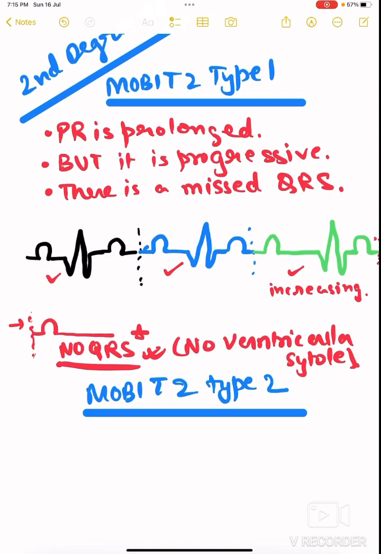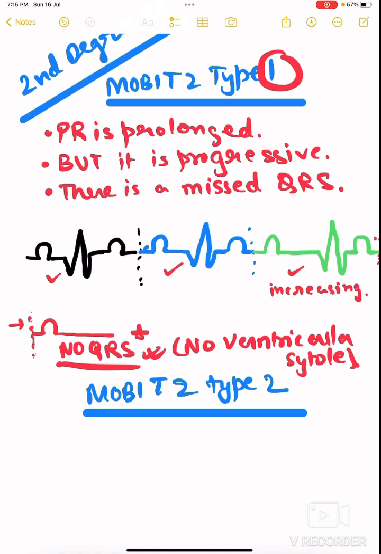It is actually very easy to understand. What does the PR interval denote? The PR interval denotes AV nodal delay, right? For example, if the PR interval is increasing, as seen in Mobitz type 1 heart block, one time will come after which the PR interval is so long that another SA node firing has come to the AV node.